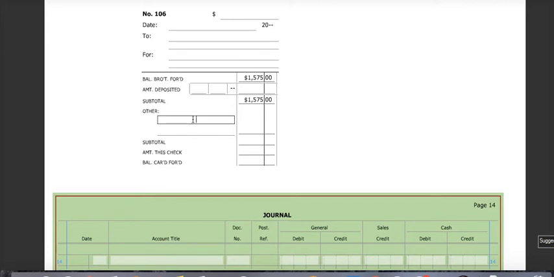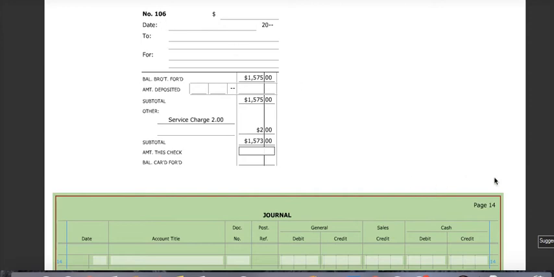Other is going to be called a service charge of $2. Bringing over my $2 on this line right here above subtotal. 1575 minus $2 gives me 1573. We're not doing a check and there's nothing brought forward, so we've recorded our service charge on check stub number 106.